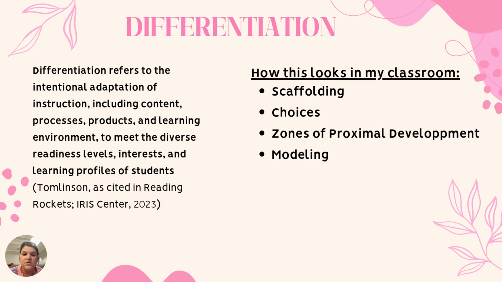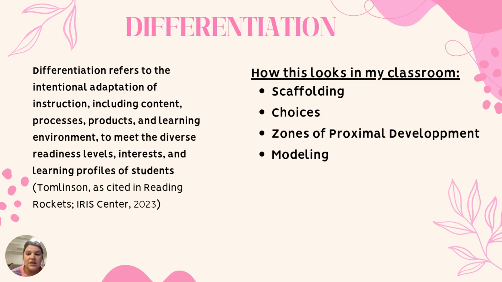Next, we have zones of proximal development, and that really goes back into scaffolding. Most of the time we do the I do, we do, you do method at first, especially in kindergarten, because a lot of things are done that way in kindergarten, first starting and first learning things.